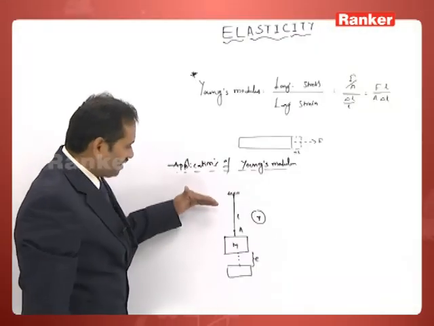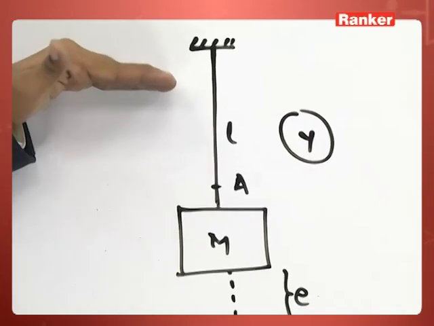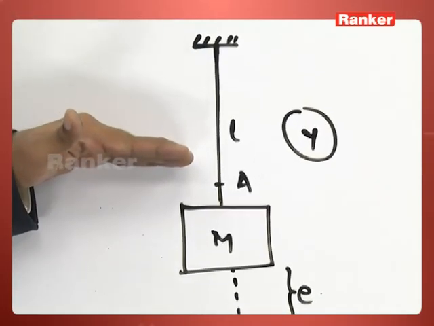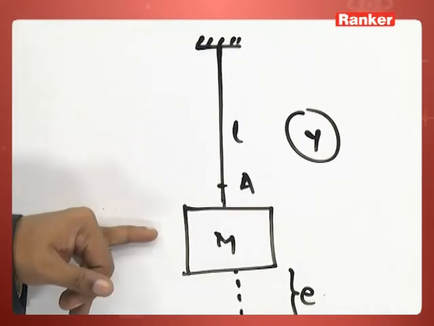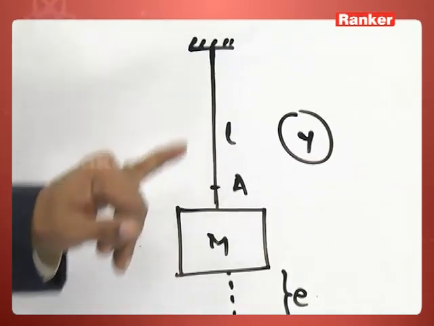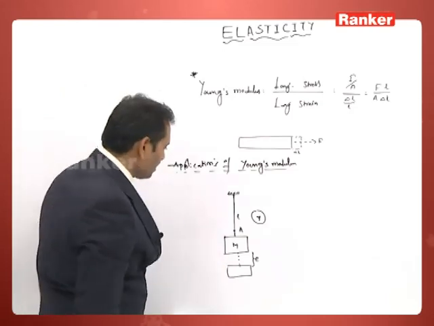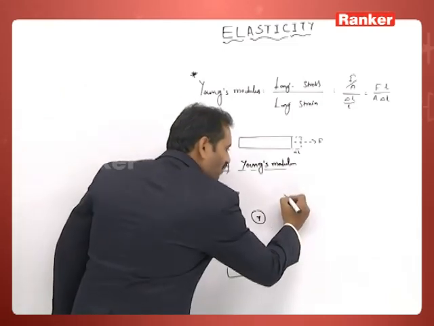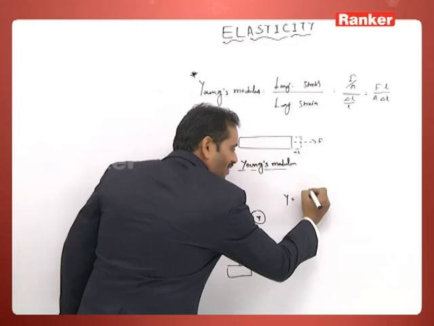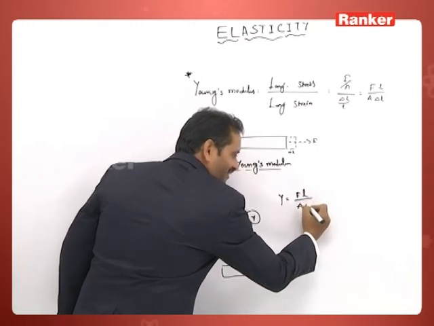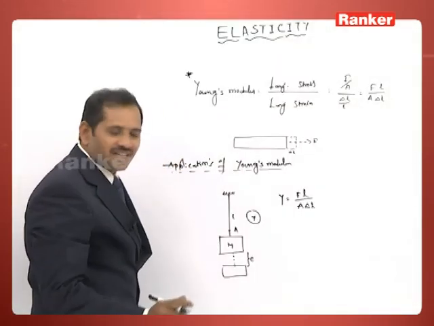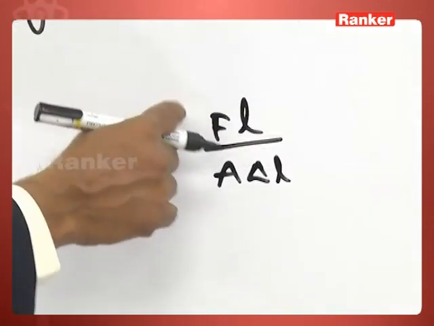Understand please? Wire of length L, area of cross section is A, subjected to a mass M, then it elongates. What is the extension in the wire? Simple please. You know very well, Y equal to FL by A delta L. A simple logic is there. What is the force here?